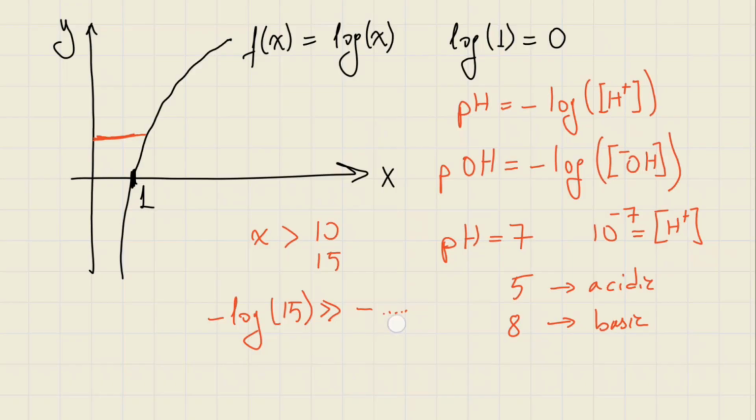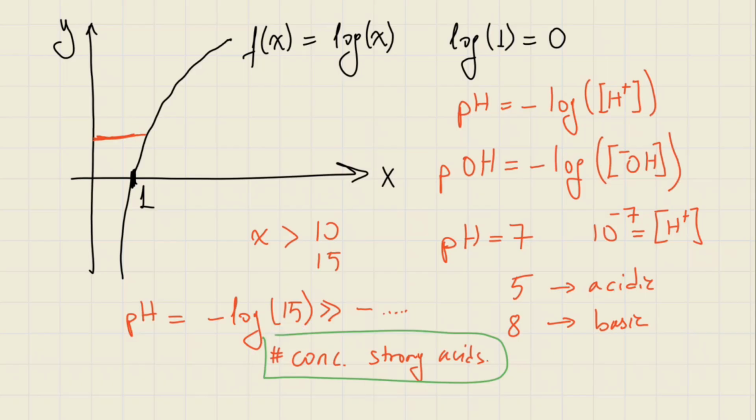So the pH value can be negative. And this is valid for concentrated strong acids. So just keep in mind that this is maybe a little bit of extra information right now, but it is important. So pH is generally defined between 1 to 14, but the values can slightly exceed this range.